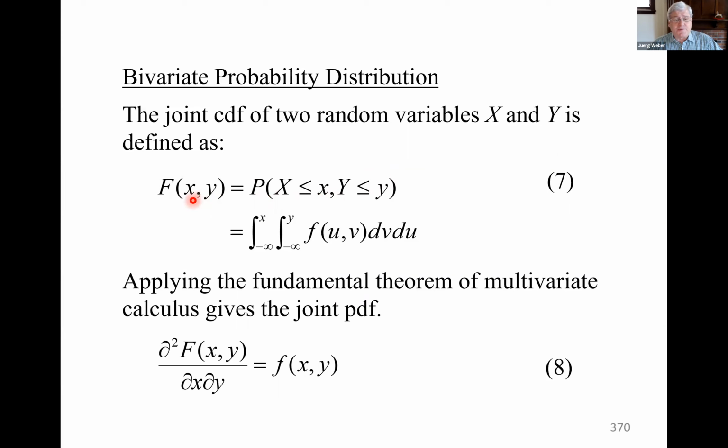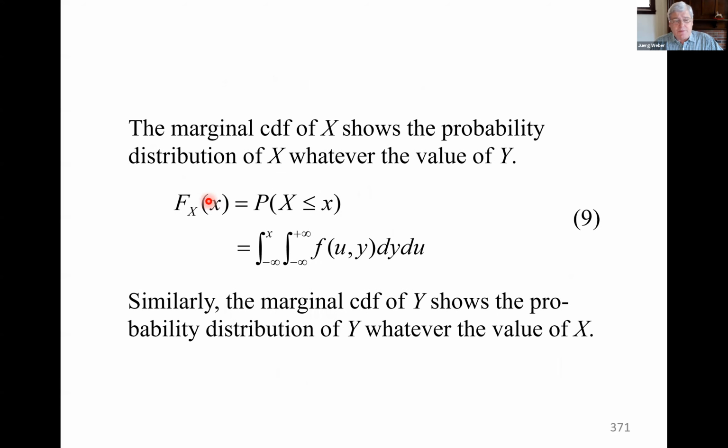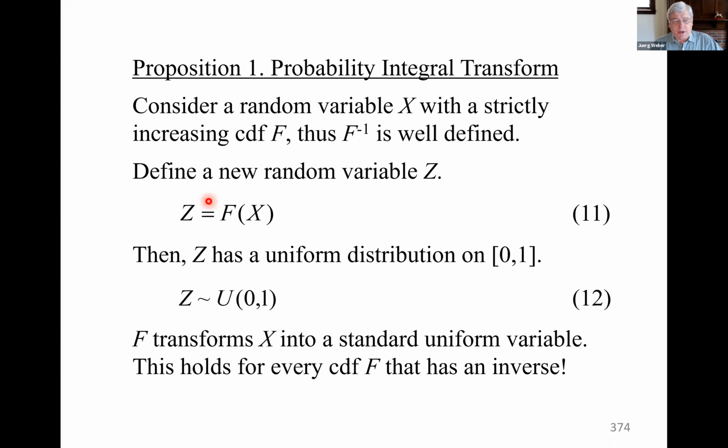So I have here x1 and I have y here. I could actually write also here x1, x2. Okay, here I call it x and y, but you can call it x1, x2, or whatever. So I'm using this notation here for the copula.